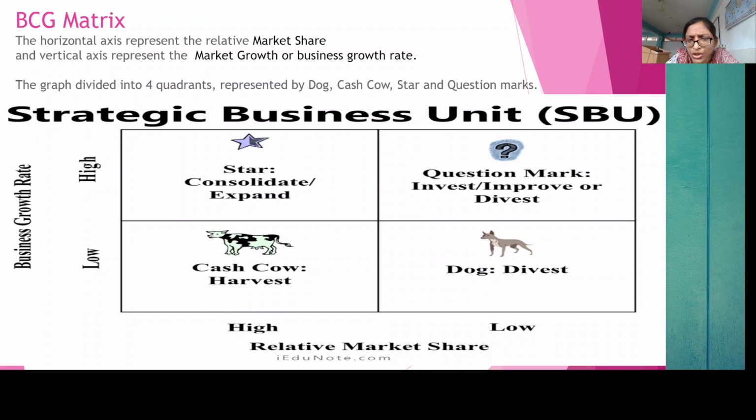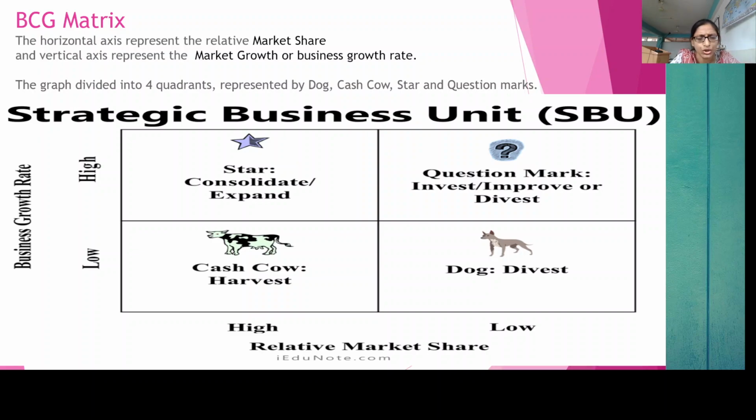Next, we have the question marks category. Here in cash cow, we need to harvest, in the sense we have to think how we can get maximum cash inflows from this, and we will be trying to hold that market share for a longer period of time.